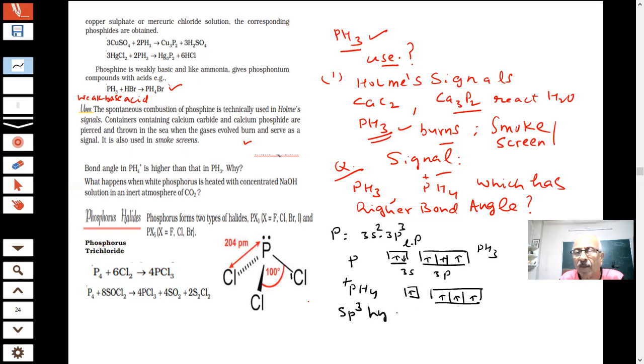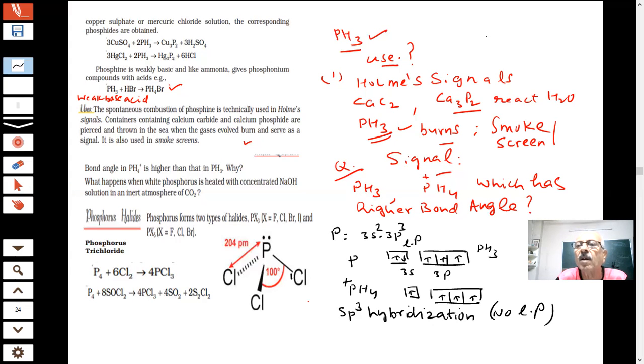So sp3 hybridization, and there is no lone pair. The bond angle was less because of the lone pair; lone pair-bond pair repulsion is not there now. In PH3, P, H, H, H, there is a lone pair-bond pair repulsion.